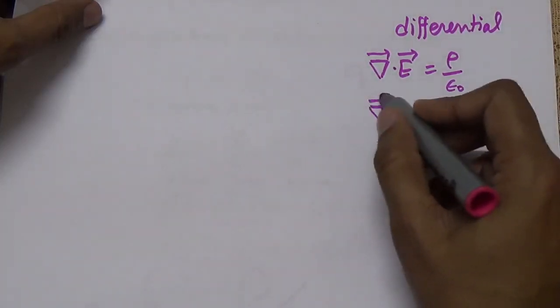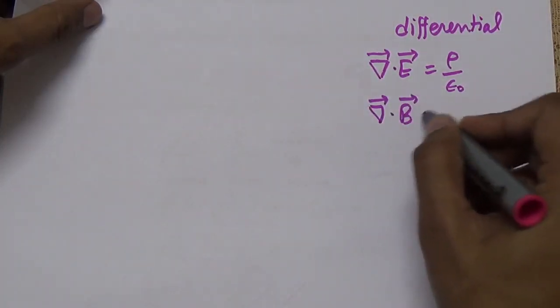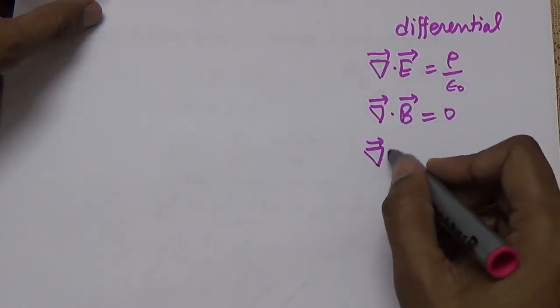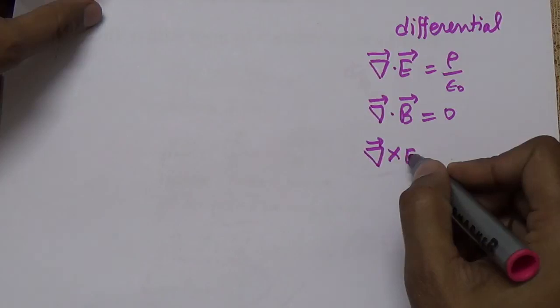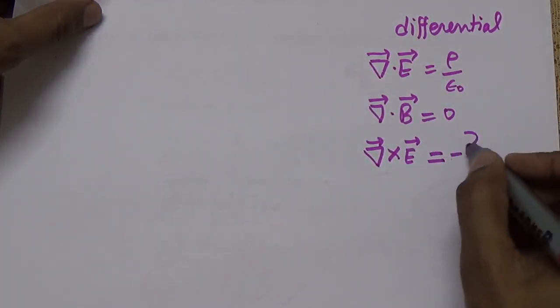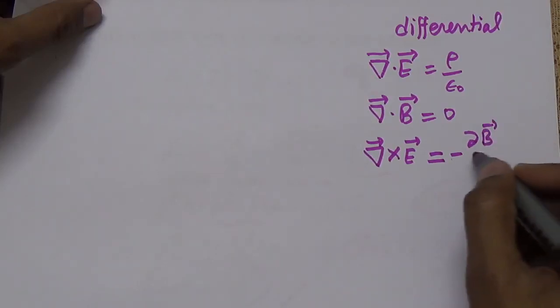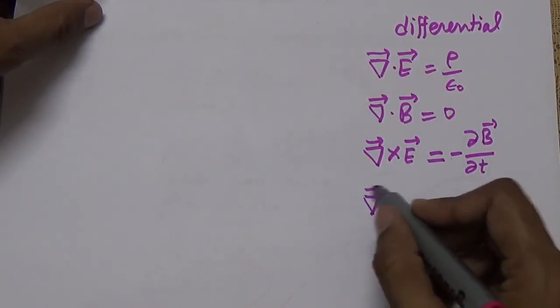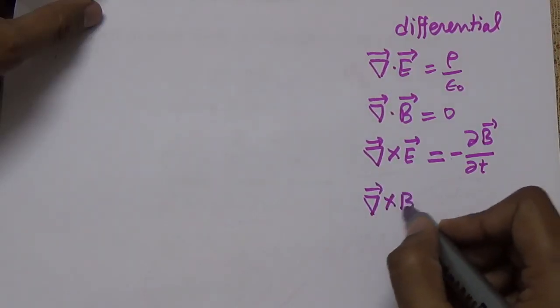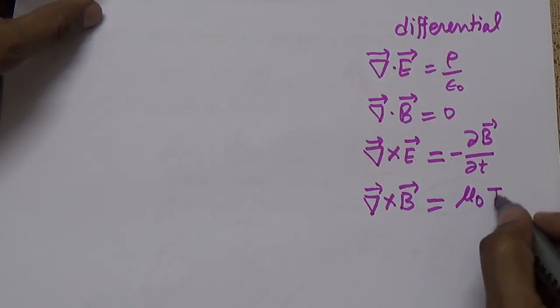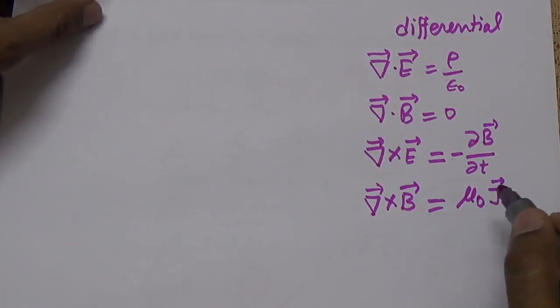Second is del dot B equal to 0. Third is Faraday law, that is del cross E equal to minus del B upon del t. Fourth is Ampere's law, that is del cross B equal to mu naught times J. J is the current density.